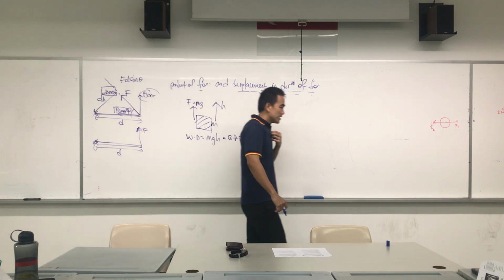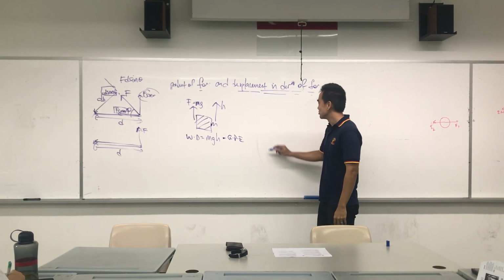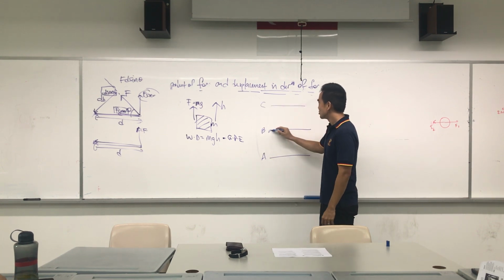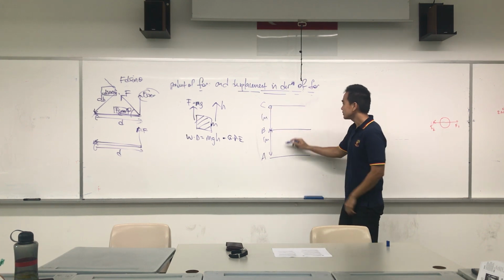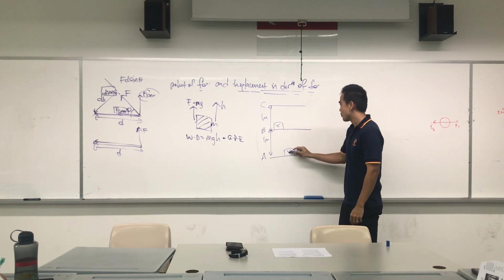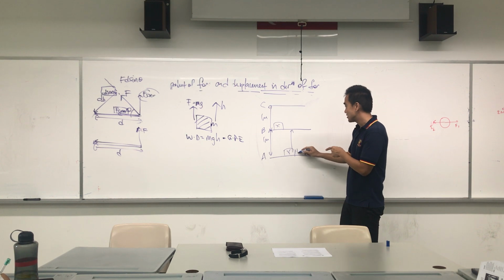Now this is where things get a little bit of an issue. Let me show you why there is an issue. Let's consider three levels, A, B, and C, each of them 1 meter apart. If I move block X from A to B, and block Y from B to C, and each of them has a mass of 1 kg, let's take g to be 10.